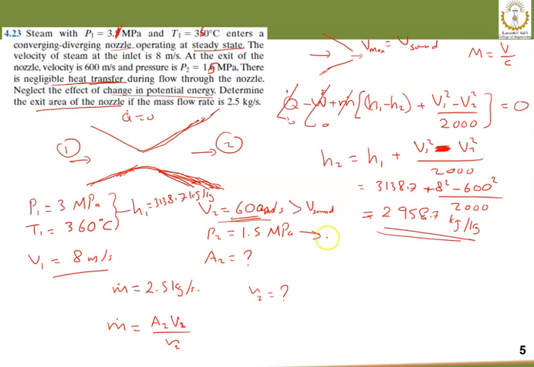So now for point 2 we have h2 and P2. P2 equals 1.5 megapascal.